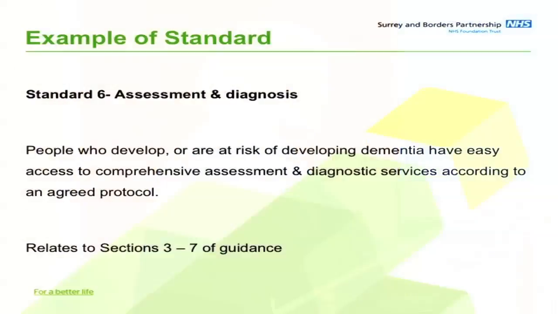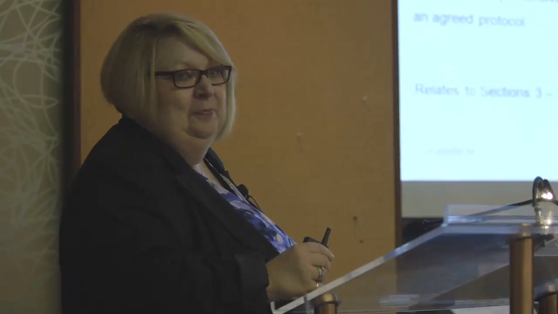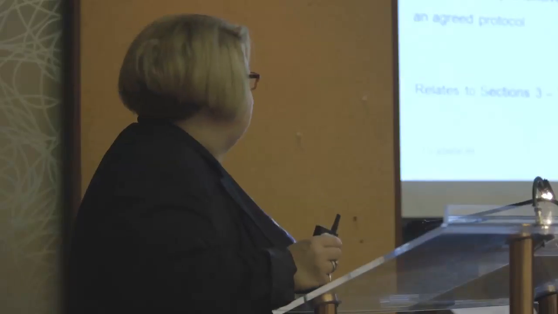This is standard 6. It says the standard is people who develop or are at risk of developing dementia have easy access to comprehensive assessment and diagnostic services according to an agreed protocol. So that's what we're aspiring to. That's what we want to have in place across services.